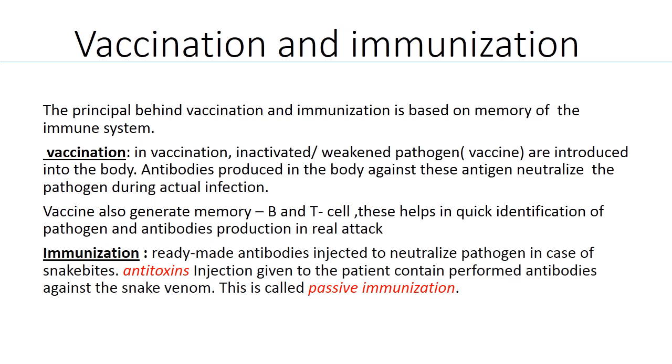So in this case, ready-made, artificially prepared antibodies are injected into the system, so it is a kind of passive immunization. That means we are injected with the ready-made antibodies. We are not waiting for our body to synthesize them. Instead, we are taking the antibodies from outside, and they are artificially prepared.